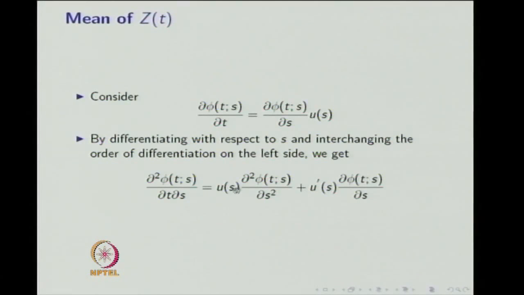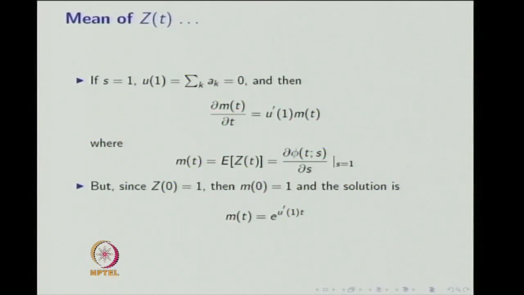The right hand side is u(s) times the second order partial derivative of psi with respect to s, plus u'(s) times the partial derivative of psi with respect to s. If s equals 1, you know that u(1) will be 0. Suppose m(t) is the mean of Z(t), that is nothing but the partial derivative of psi with respect to s at s equal to 1.